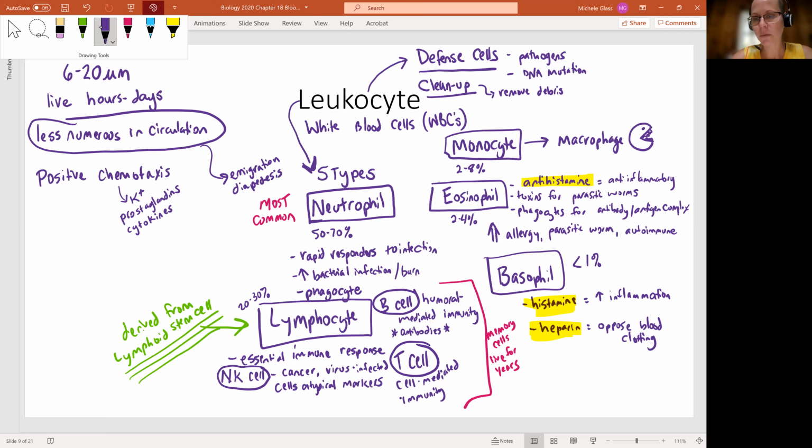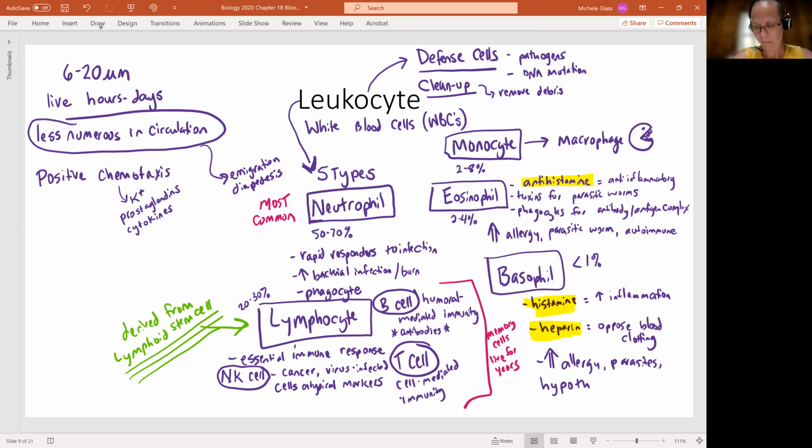And then the last thing is we'll see this one also elevated when we have an allergy. We can see it elevated with parasites. And we can see it elevated also with hyperthyroidism, or excuse me, hypo. Okay.